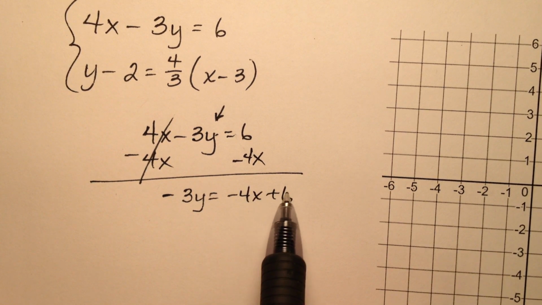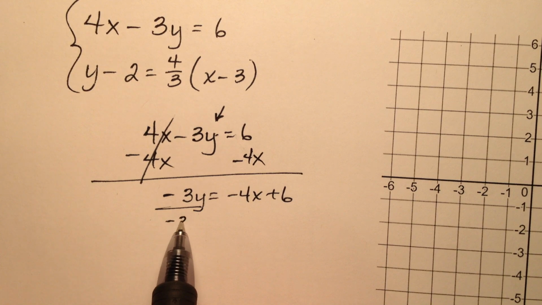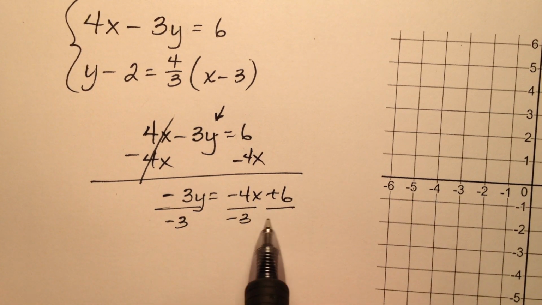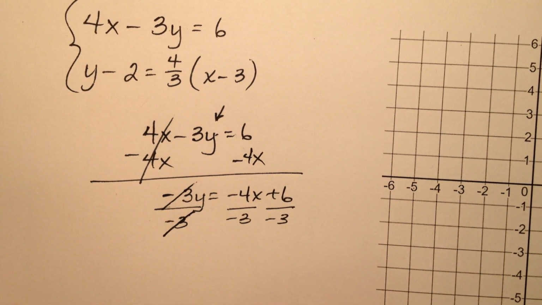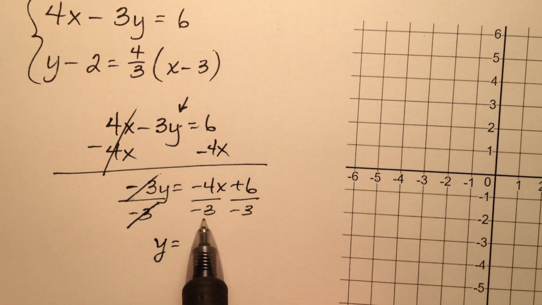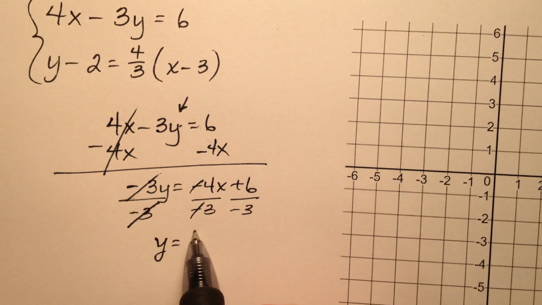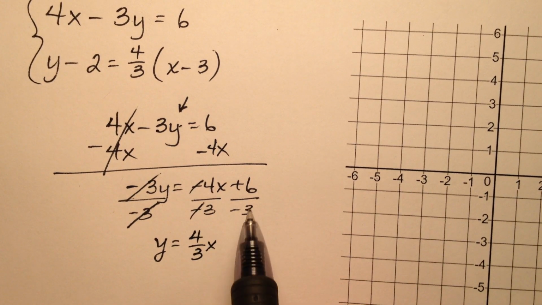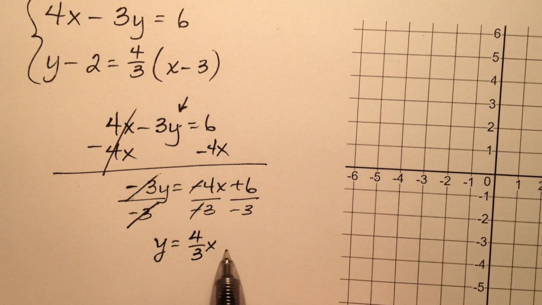So I want this x to come before this constant. So when I divide every single term by negative 3, it will finish getting my y all by itself. So y will equal a positive 4/3 x, and then a positive 6 divided by negative 3 is negative 2.